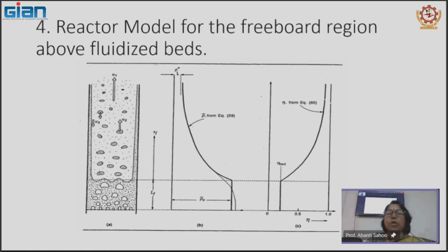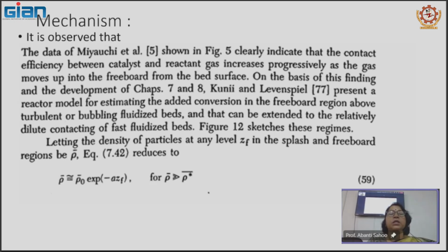So, that is the freeboard region reaction, above the fluidized bed. Researchers show that the contact efficiency between the catalyst and the reactant gas increases, as they also remain in contact in the freeboard region. There also the reaction takes place.